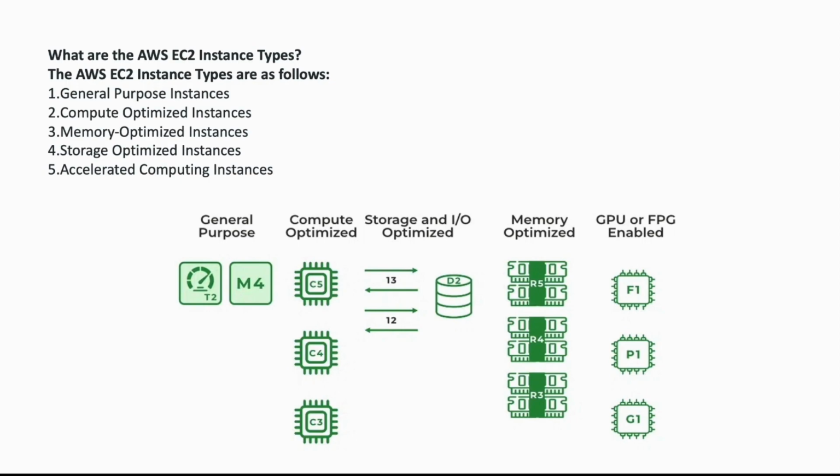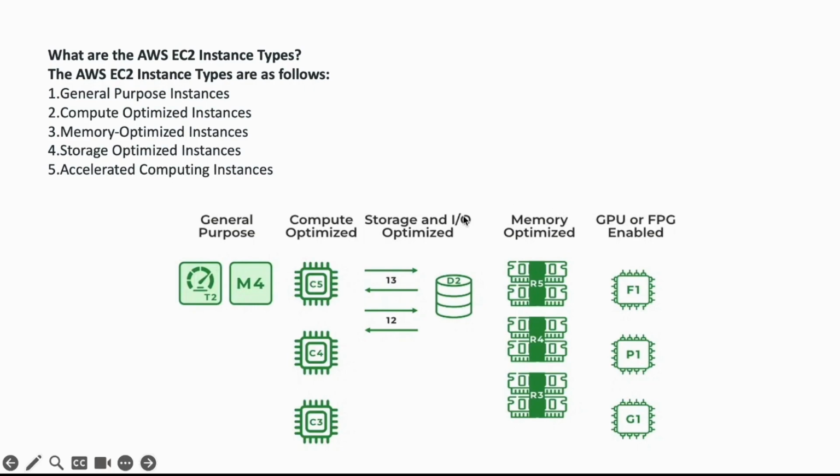These instances are designed and optimized for running computational and data intensive applications that require fast network performance, extensive availability, and high input output operations per second. If you need to run big data applications, then compute optimized instances are used.